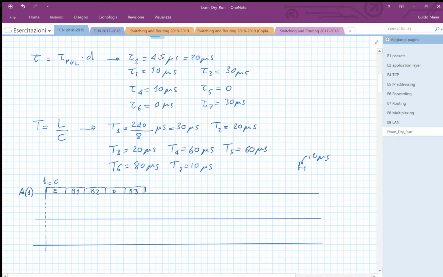So if you write the destinations of the packet on the packets, it's easier to identify them.